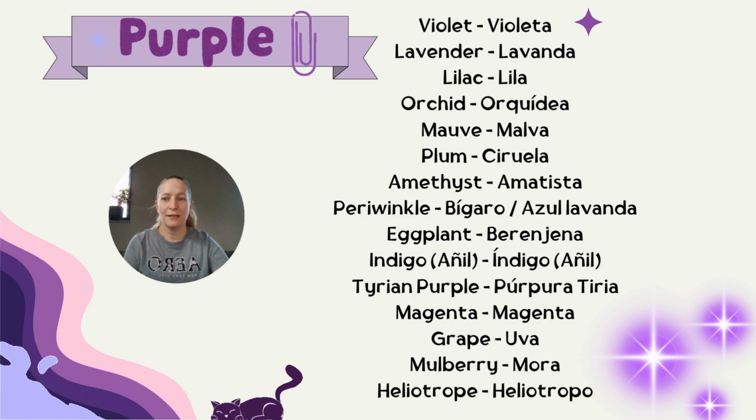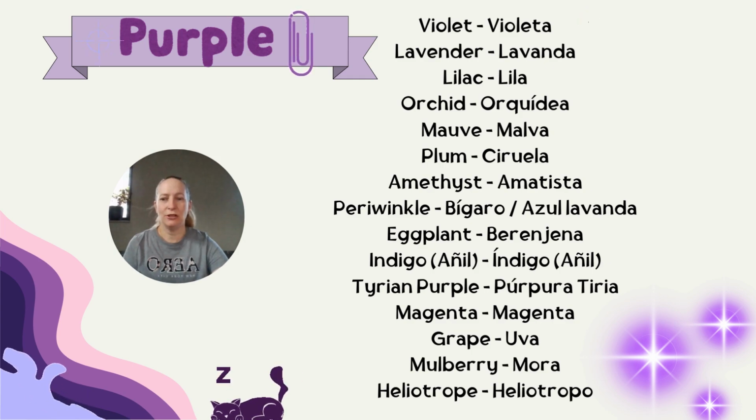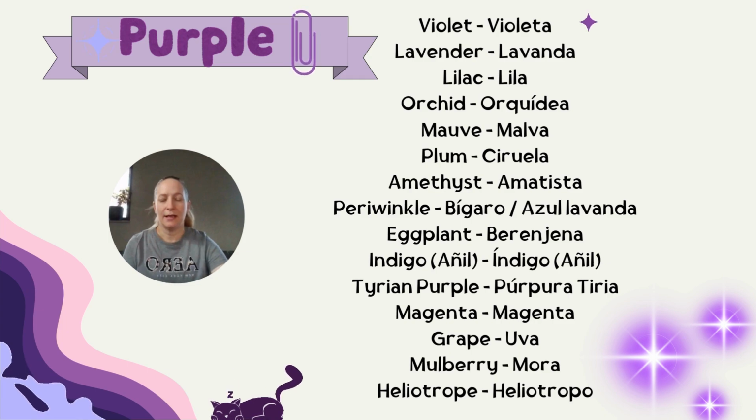Of course, there are more names of colors to get the exact tints and hues of each color. Like you can see in this example, I picked purple just to give you an example. So here we have 15 shades of purple. The colors like añil, indigo, and púrpura tiria are not really used in everyday Spanish and can feel a little bit weird if you use them.